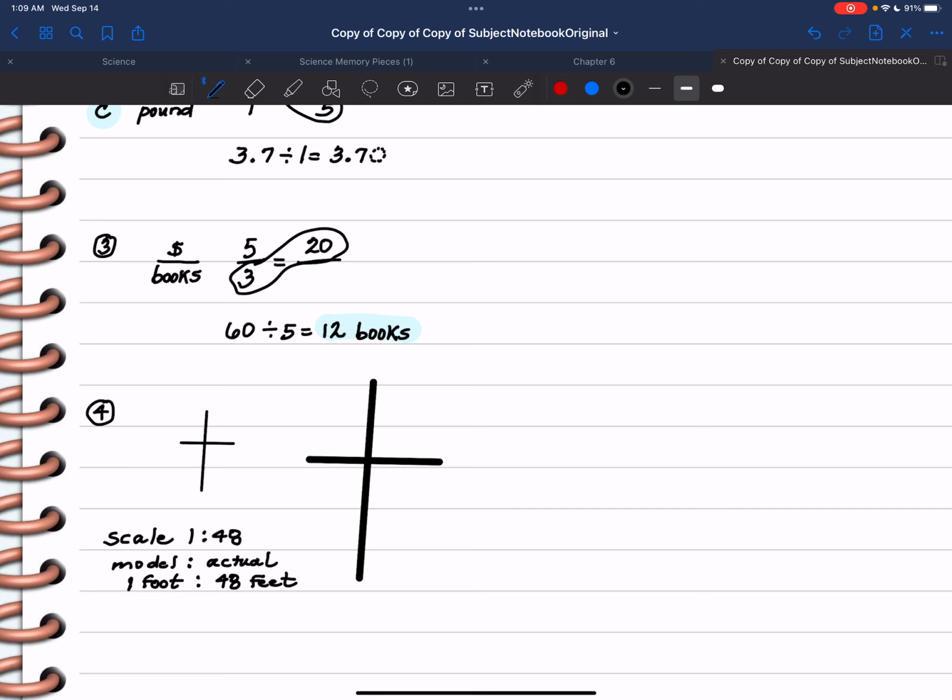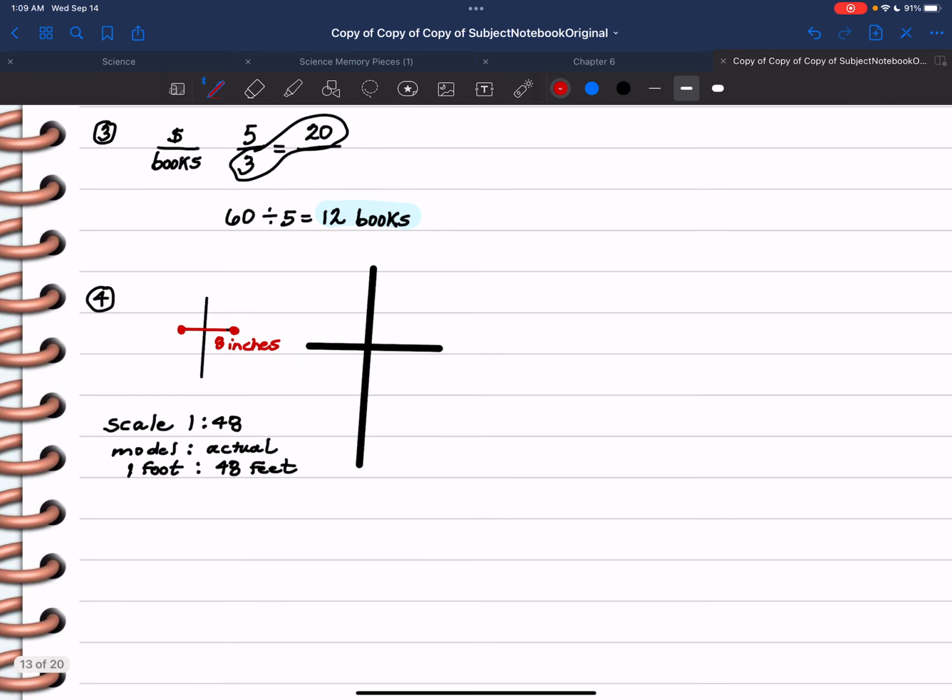And then they tell me that the wingspan, that's this distance, on the model is 8 inches. Well, that's great, but we need to know that in terms of a foot. So I'm going to use inches to feet.